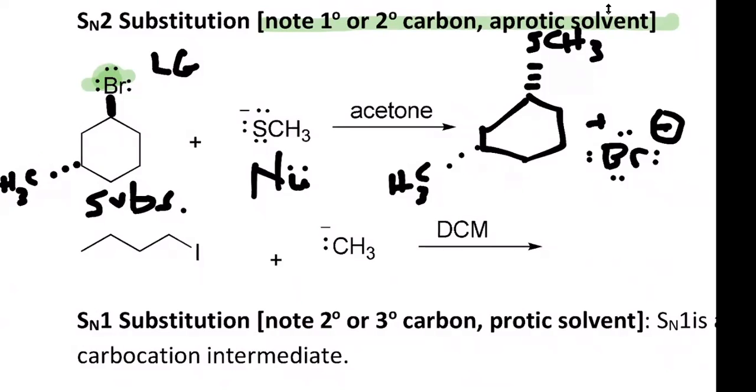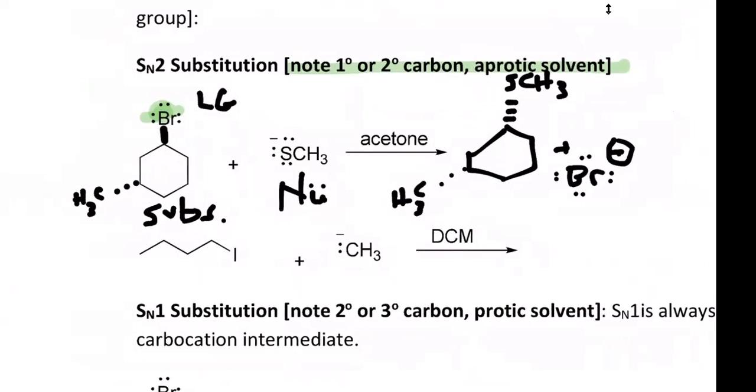It's a substitution. It's an SN2 type substitution because there are a couple of things I can look at to determine that. The first is the substrate structure. Secondary carbons can do SN2 or SN1, but the solvent, acetone, being aprotic tells me that this is SN2.